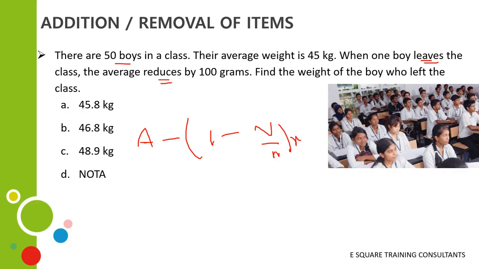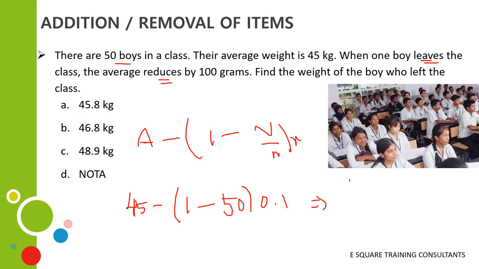So 45 is the value of A, minus of 1 minus 50 by 1, which is just 50. So I'll write 50 as such, and it has been reduced by 100 grams, which is 0.1. Right? So 1 minus 50 is minus 49. Minus 49 into 0.1 is minus 4.9.